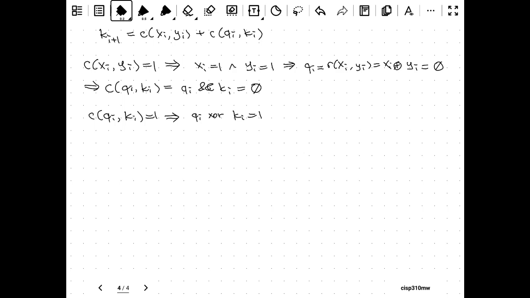In base 2, the only time this can happen is qi is a 1 and ki is a 0, or qi is a 0 and ki is a 1.